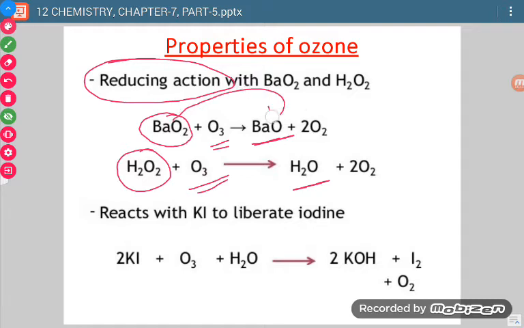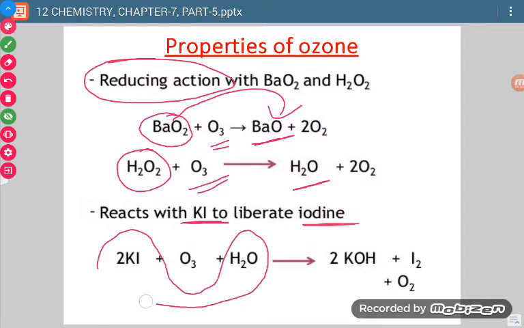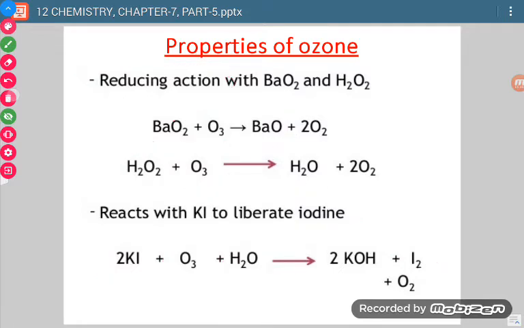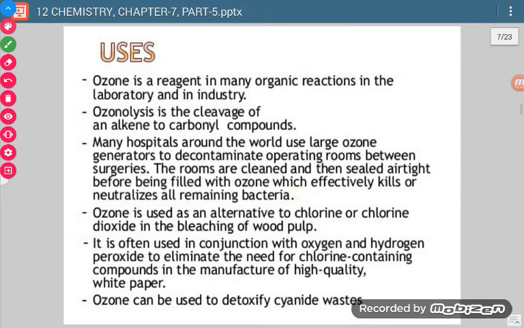When there is loss of oxygen from the peroxide molecule, we say it has undergone reduction. It reacts with potassium iodide, and there is formation of iodine. If we take the aqueous solution of potassium iodide, iodine will be formed.